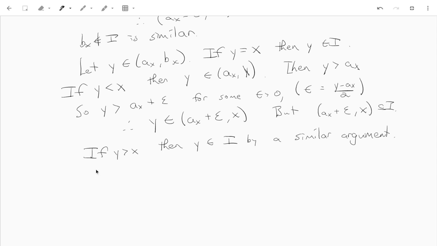Anyways, this shows that the interval from ax to bx is a subset of I. And now we can write I as the union over x in I of these intervals. Okay, and now the key is to show that this is really a disjoint union.